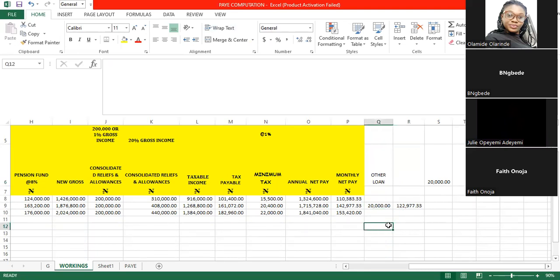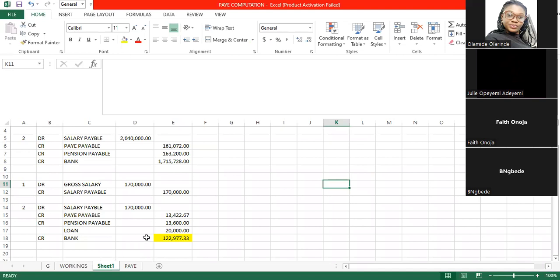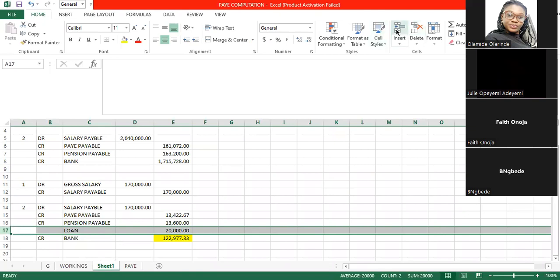Then is it 10% for employee's pension and employer's pension? It shouldn't be on the payroll. Yes, it will not be on this payroll you are calculating, because the employee is not the one paying the money. But when you want to post it, you can add it by separating it.